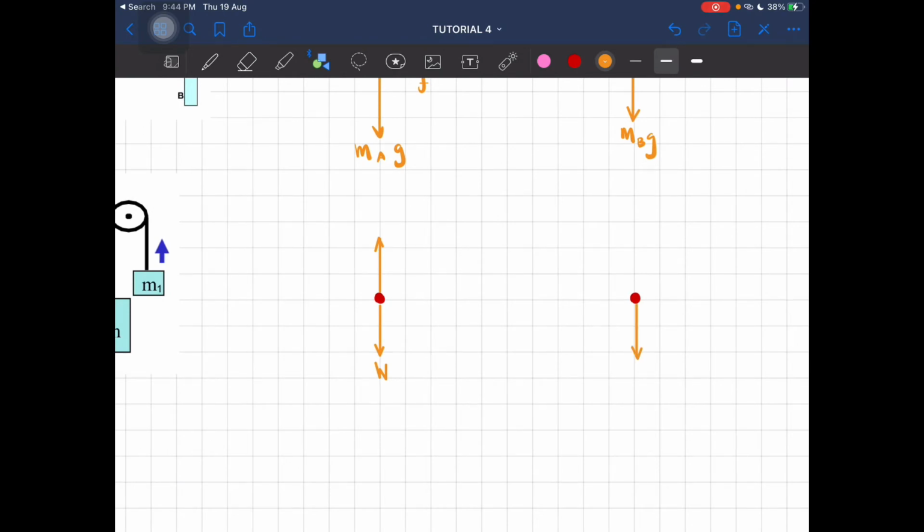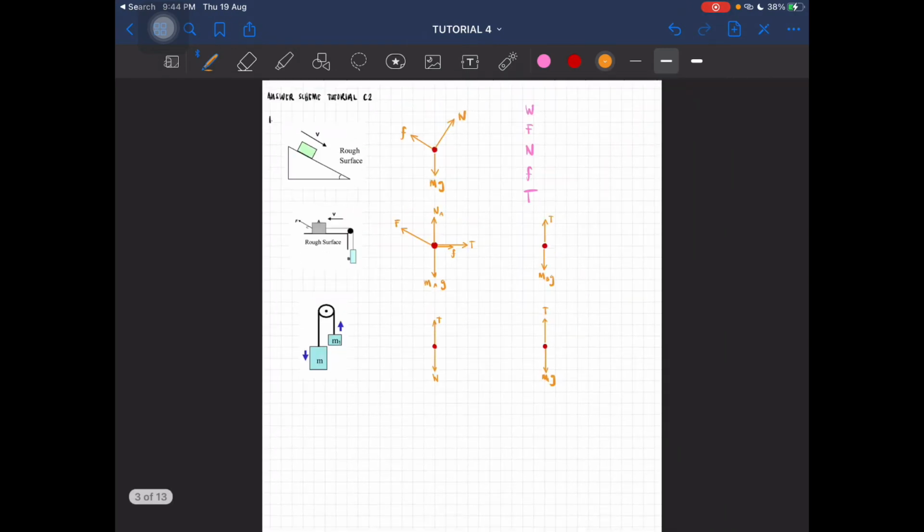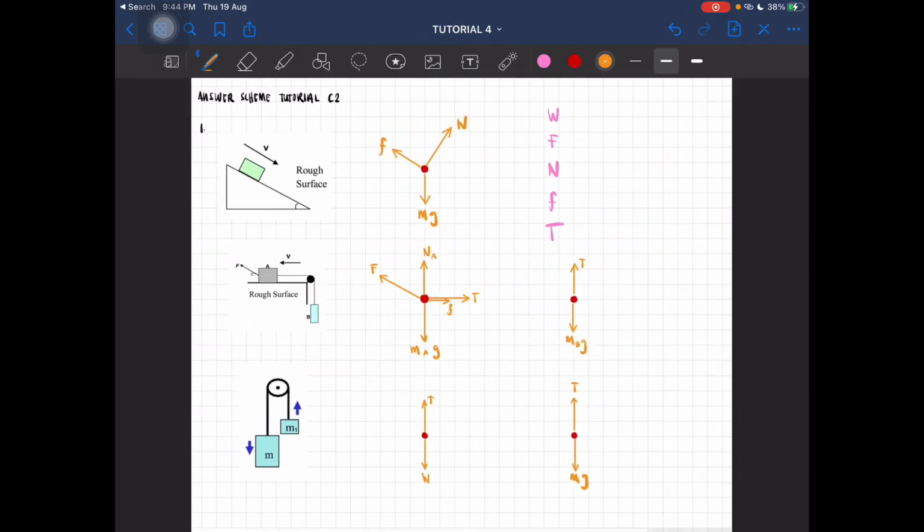This is the weight, this is the tension as well. So M1g, T, and T. That is how you solve question number 1. If you are unable to do the free body diagram, you are unable to continue to solve the problems. So make sure you are able to draw this free body diagram without any problem.